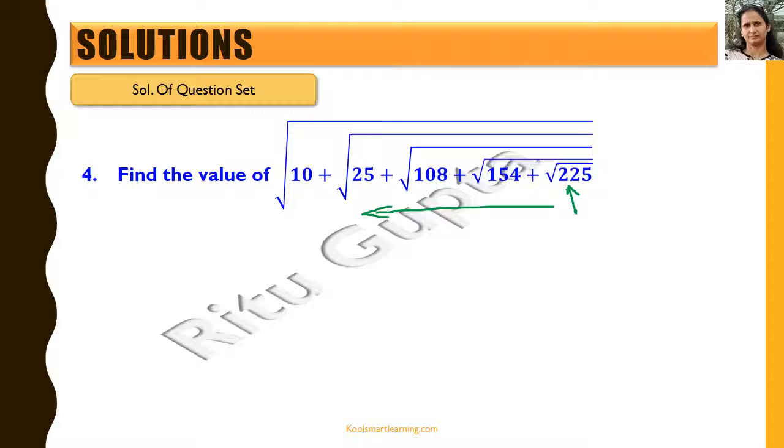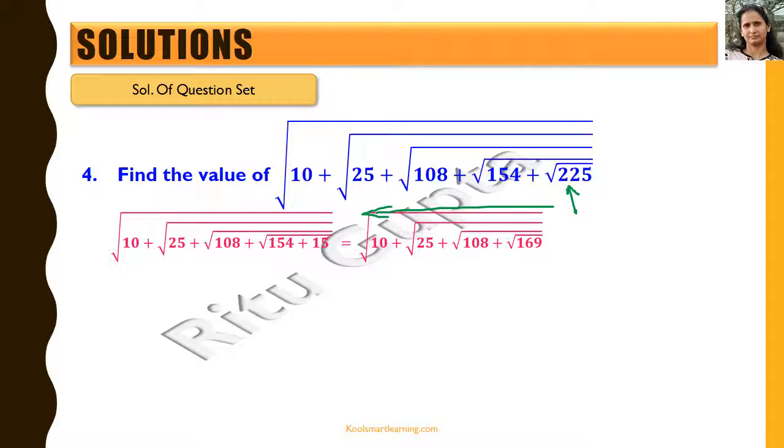So when we start with resolving the square root of 225 first, we get this expression as 10 square root of 10 plus square root of 25 plus square root of 108 plus square root of 154 plus, now the square root of 225 has been replaced with 15 here.